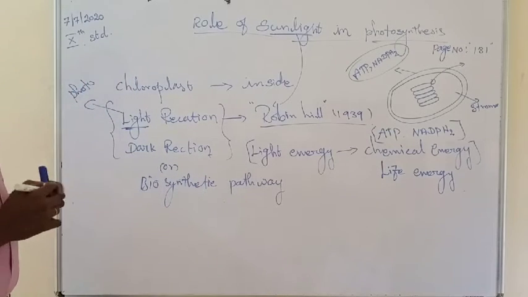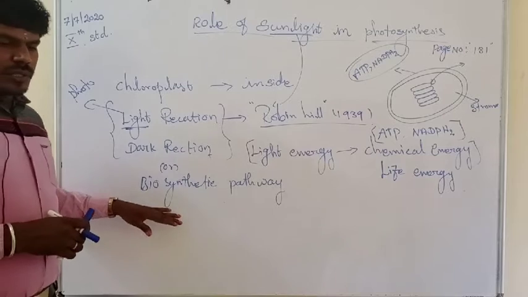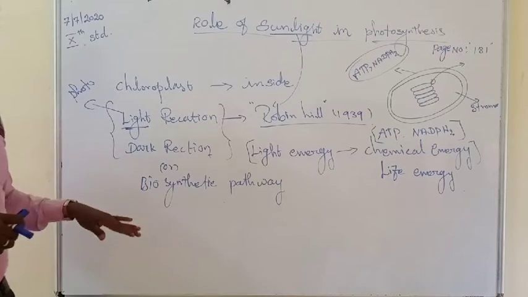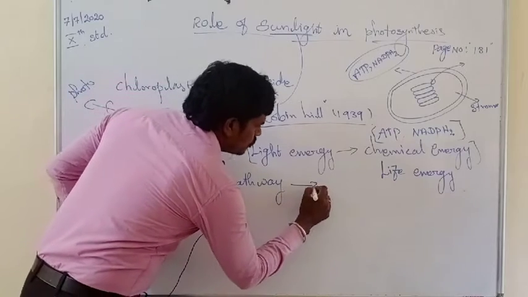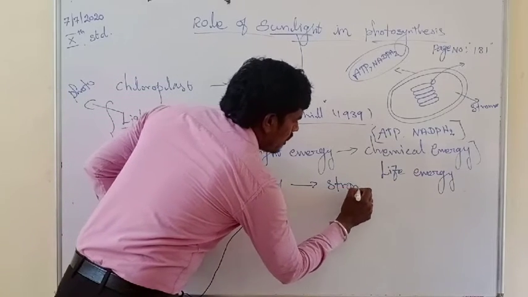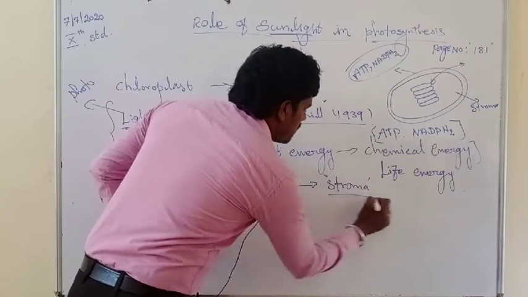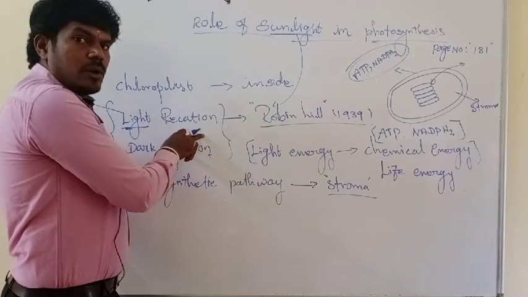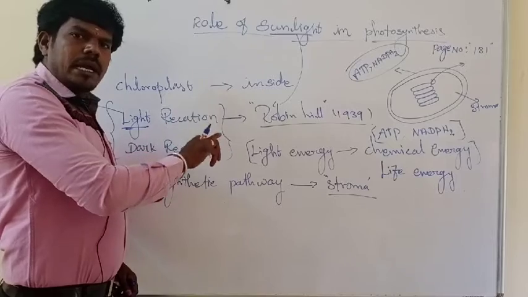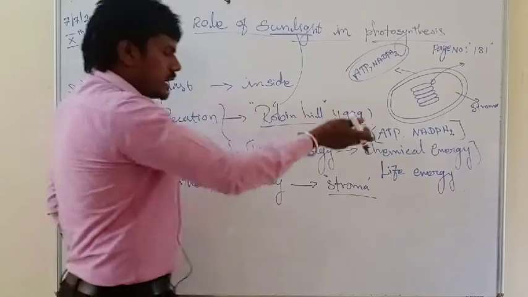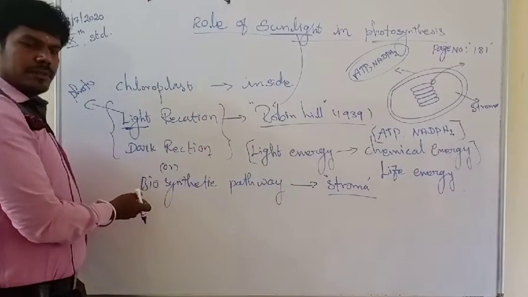The dark reactions are otherwise called the biosynthetic pathway. They take place in the stroma. Where do they take place? In the stroma, because, as I mentioned before, the end product moves from the thylakoid membrane to the stroma. So the dark reactions take place in the stroma.